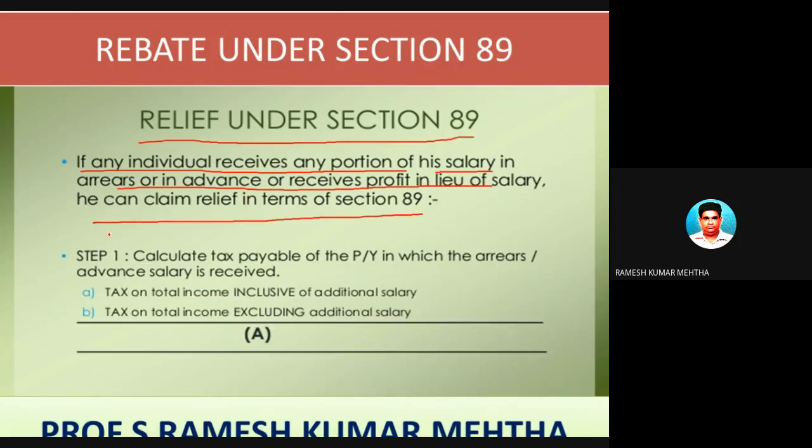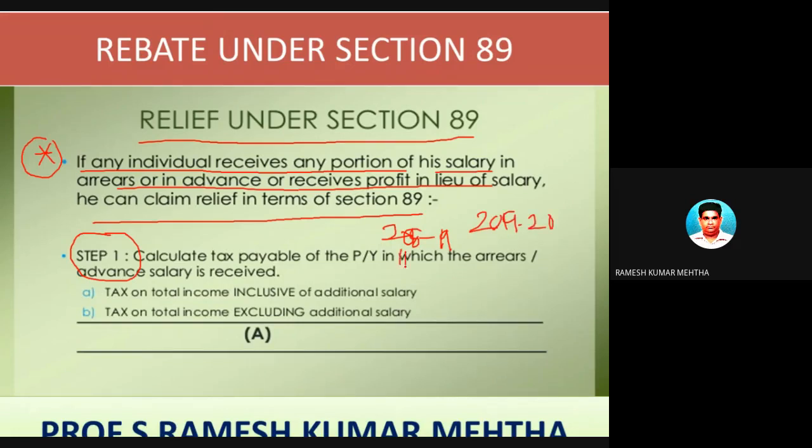There are some steps which have to be followed to get the relief amount from tax. So what does this section primarily speak about? For example, 2018-19 and 2019-20 are two financial years.